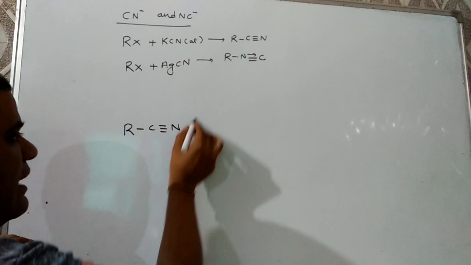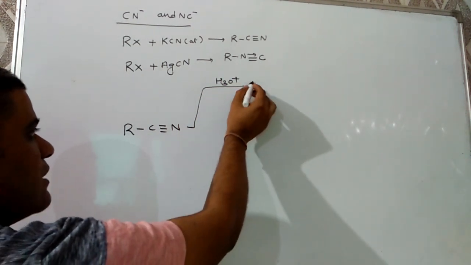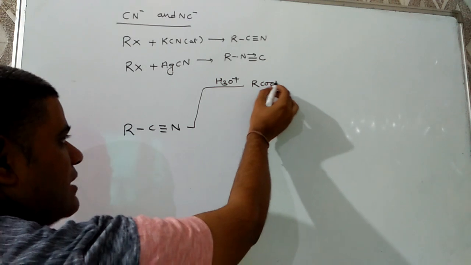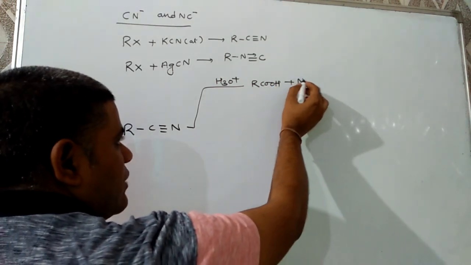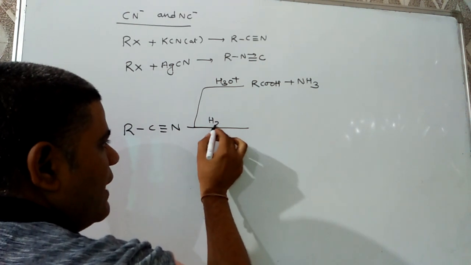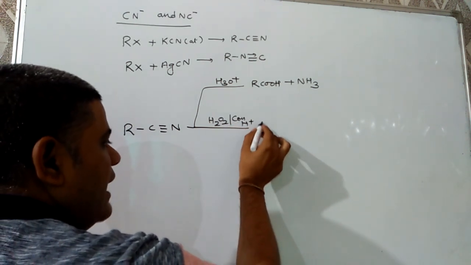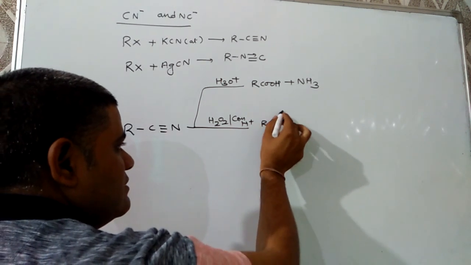The first conversion: alkane nitrile on complete hydrolysis will give carboxylic acid plus ammonia. On partial hydrolysis, it will give acid amide as a product.